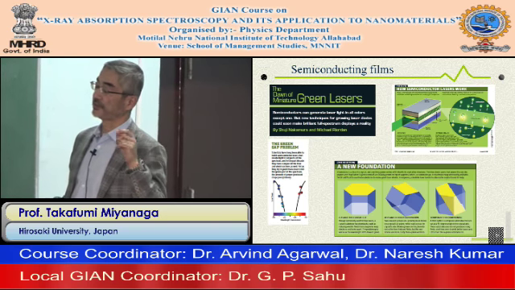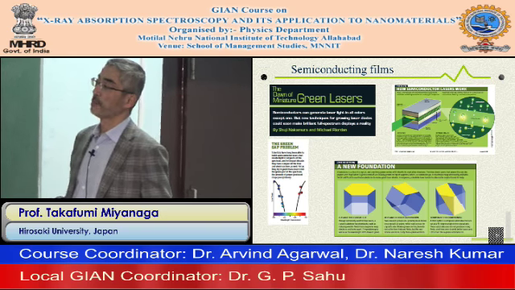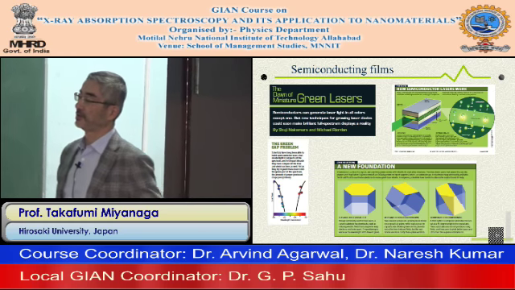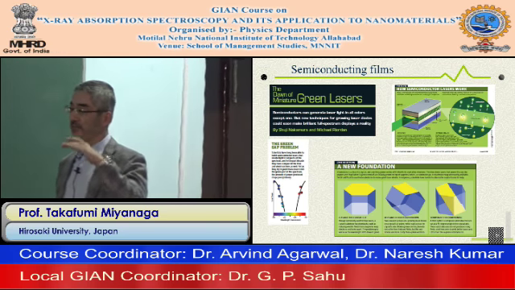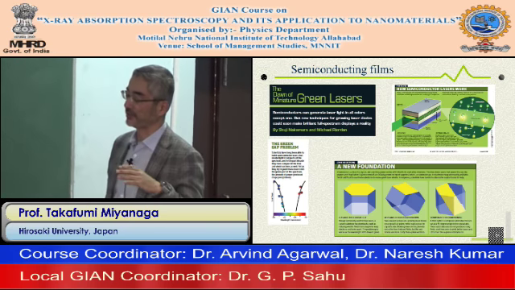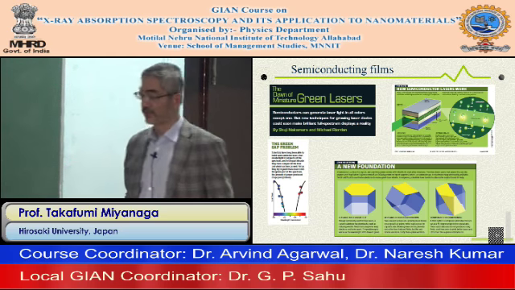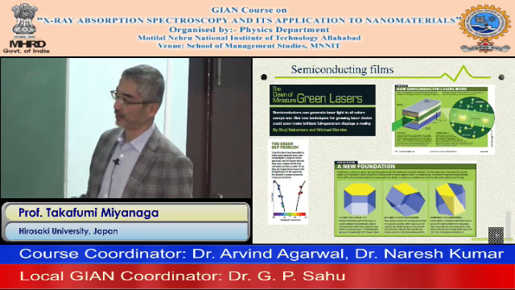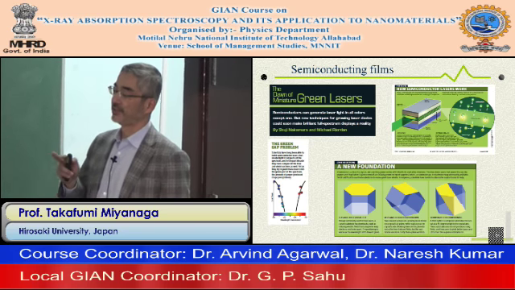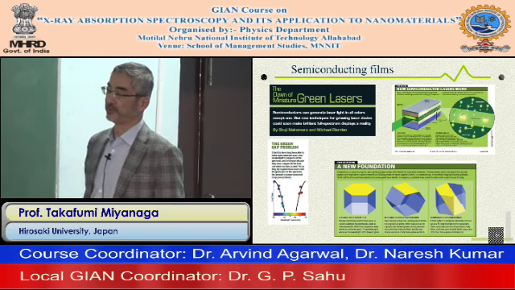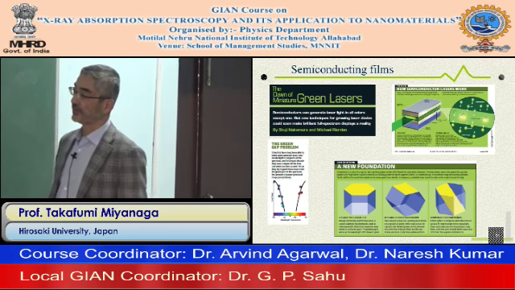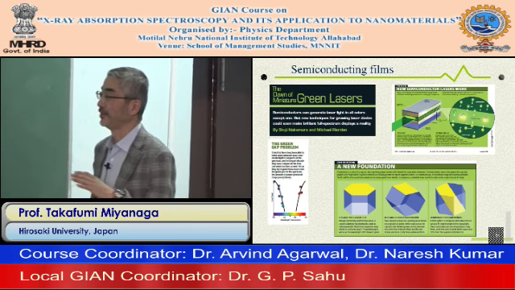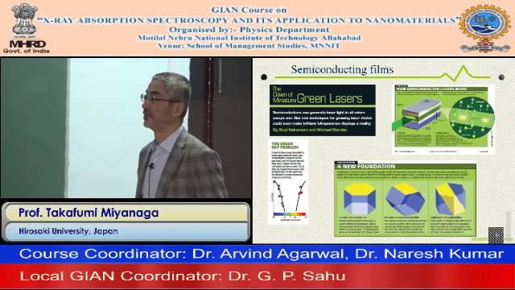For example, this is the C-plane. First, they discovered the blue LEDs, but the C-axis sample, the C-plane sample, is very high cost. It's difficult to make clean samples. The second step is the M-plane crystallization.